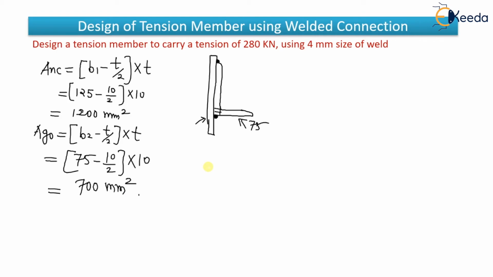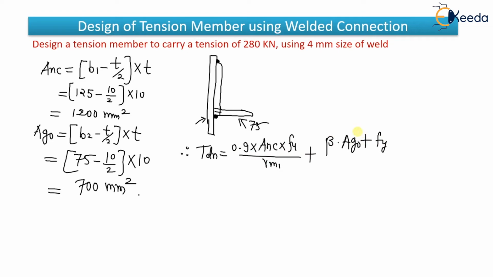Now we have calculated the values of AGO, ANC and beta. Let's find out the value of TDN. Okay, so the value of TDN will be 0.9. Again I am writing the formula for you. It is 0.9 ANC into FU divided by gamma M1, plus beta into AGO multiplied by Fy, then whole divided by gamma M0.